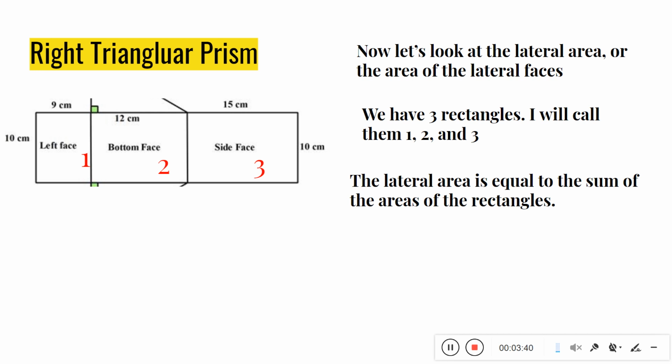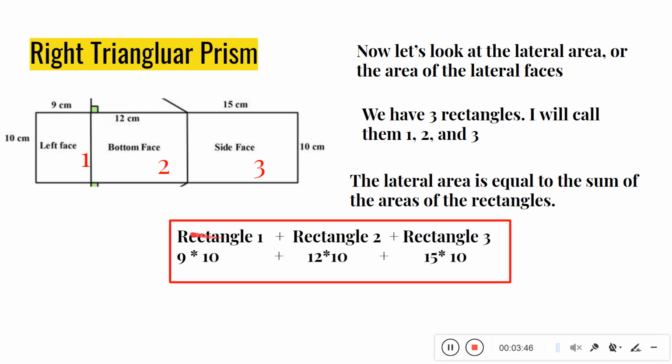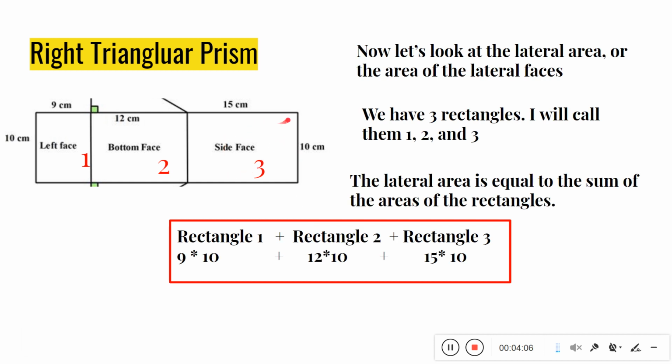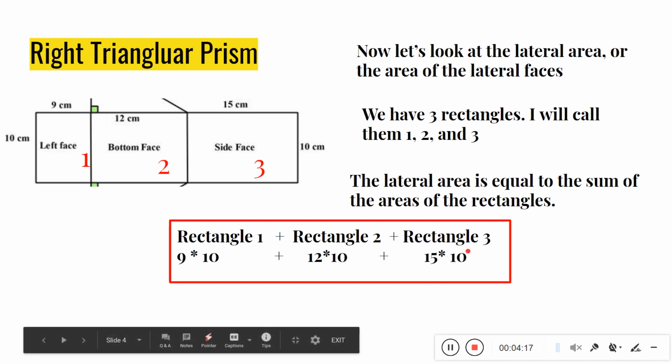The base area is the area of bases. So rectangle 1 is a 9 by 10 centimeter rectangle. So its area is 9 times 10. Rectangle 2 is a 12 centimeter by 10 centimeter rectangle. So its area is 12 times 10. And rectangle 3 is a rectangle that's 15 centimeters by 10 centimeters. So its area is 15 by 10.